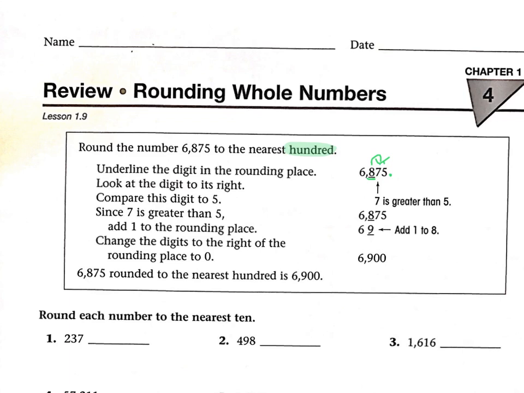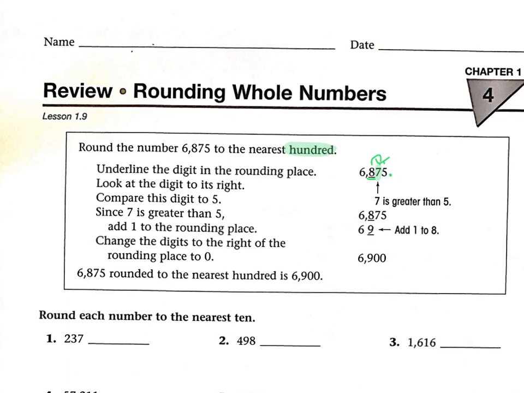All right, so if we read through the rest of this box here, the example, it says to compare the digit to the right of the place value that you're rounding to the number 5. So if I'm looking at the 7, it is greater than the 5.